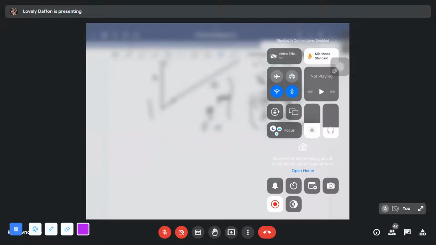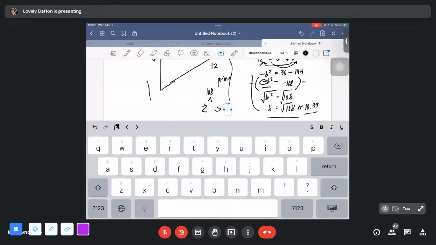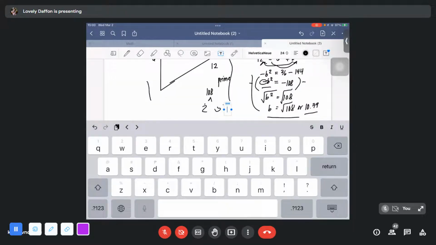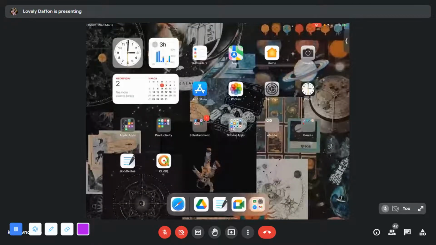Nalobat na siya. Sige. Okay. Okay. So we have here 2 and 54. Okay, wait lang. Automatic na siya.